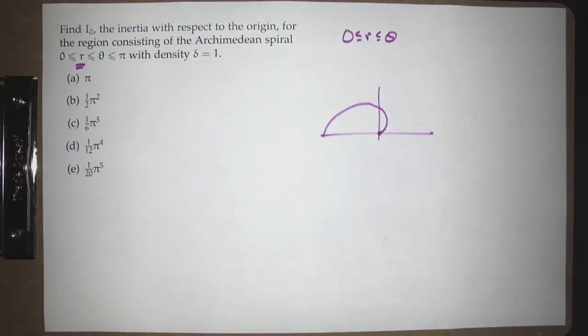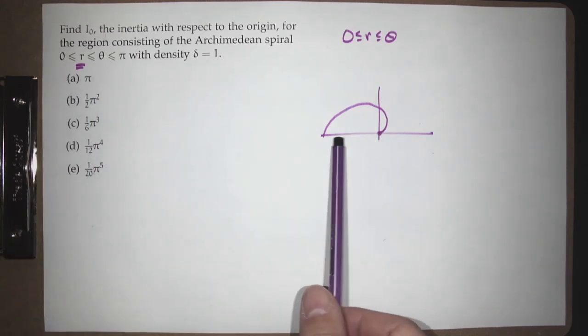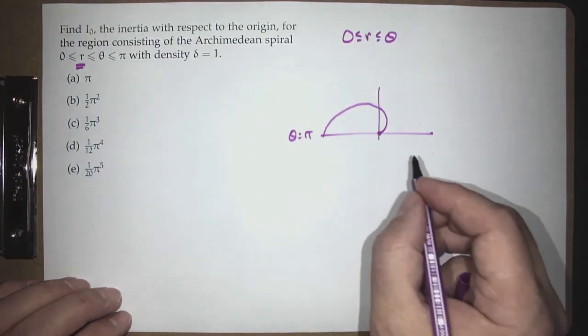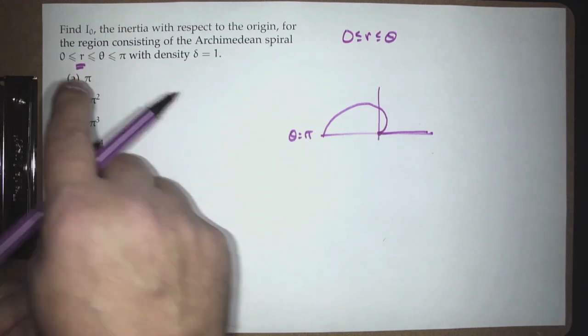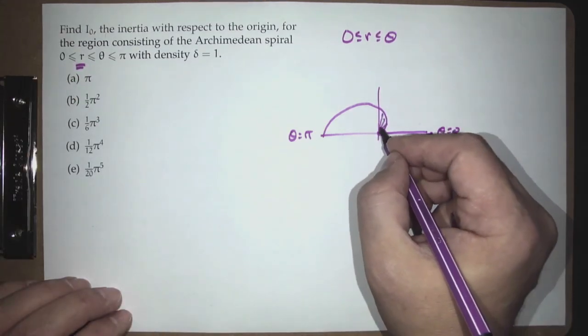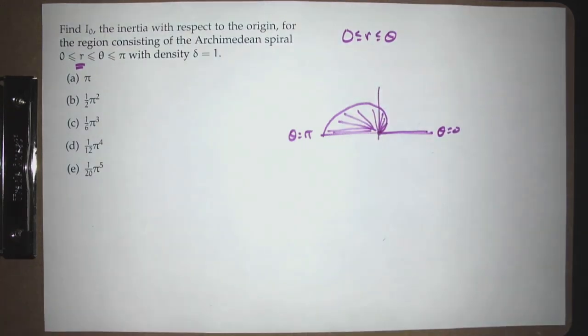So now, what about theta? Well, what's the largest value theta can get? Pi. So that's over here. What's the smallest it could get? Well, r, but how small can r get? 0. So this is telling you this region here. So this is the shape of your region. All right. Spoiler alert, you might want to try polar. Wink, wink.